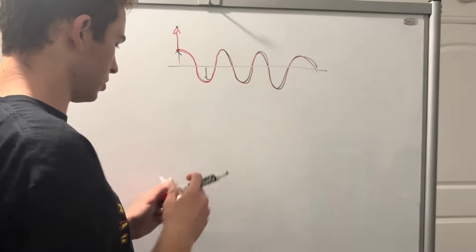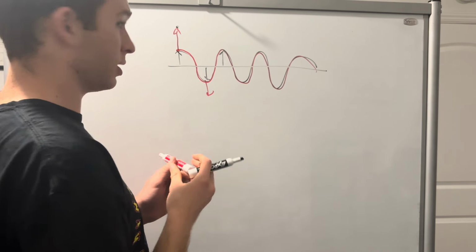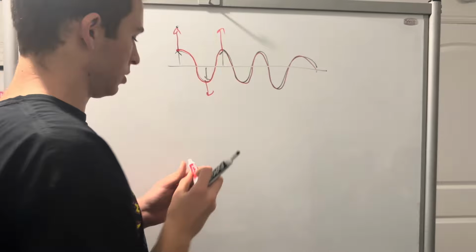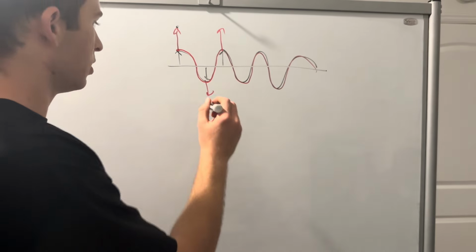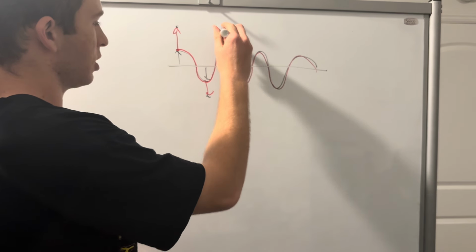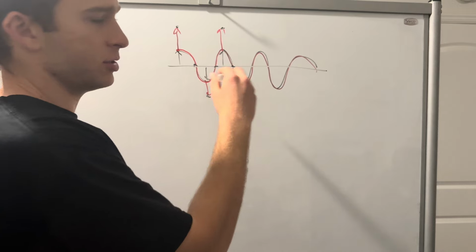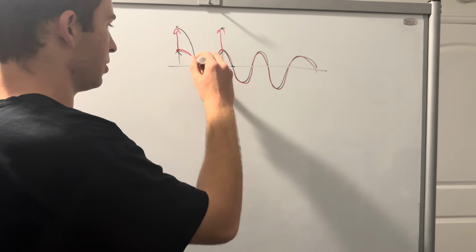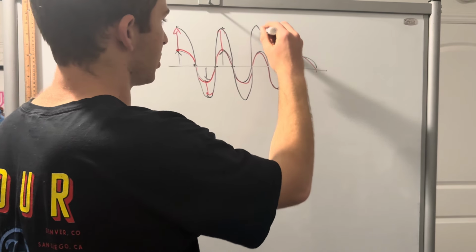You have this plus this, and then the same thing here. And then you're just going to repeat this for the rest of the wave. So you're going to have a point here and a point here, and at these points they're both 0. So you're going to have these nodes, and the resulting wave is going to be the same frequency except just scaled upwards.